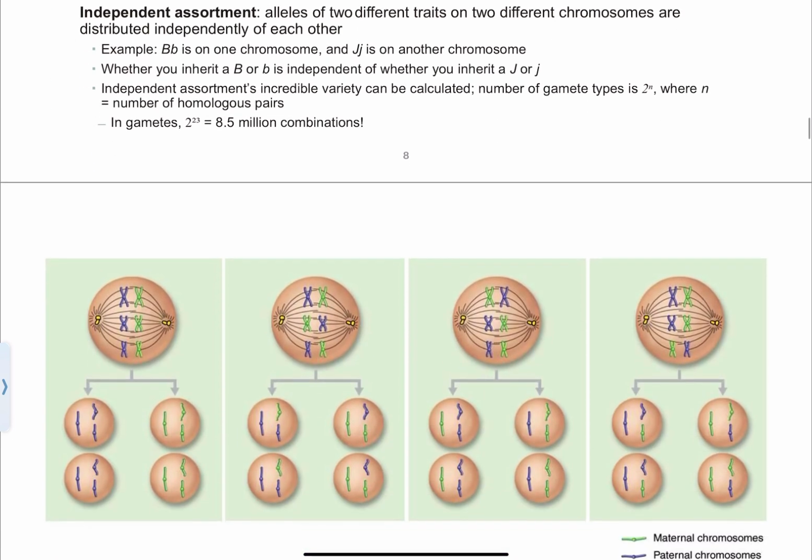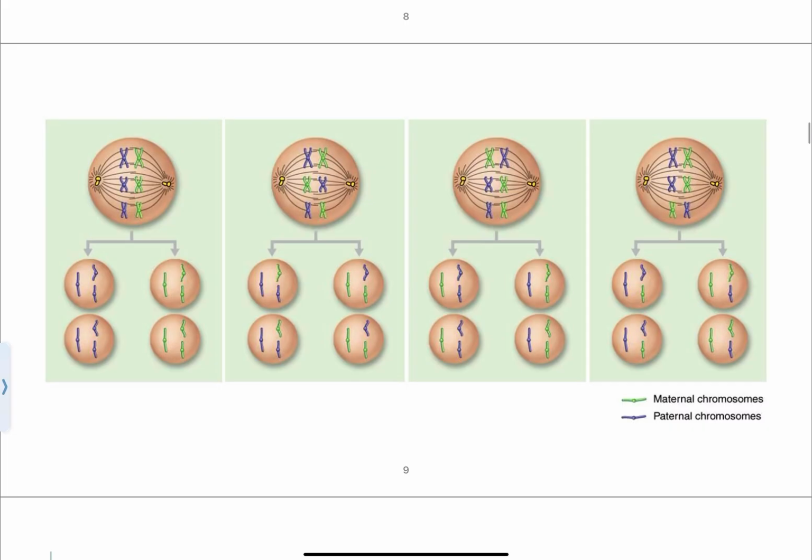So just for an example, if we're talking about the number of gamete types that we have, since we're diploid, it would be 2 to a superscript of n, where n represents the number of homologous pairs. So technically, we could have 8.5 million combinations occurring just from our 23 pairs of homologous chromosomes. So this is just an overview.